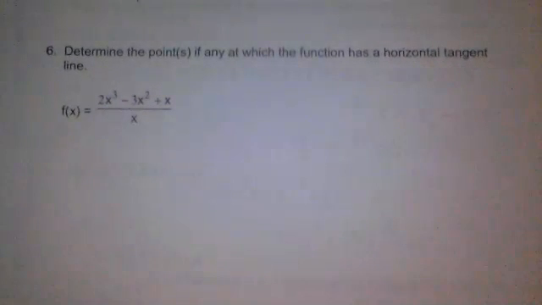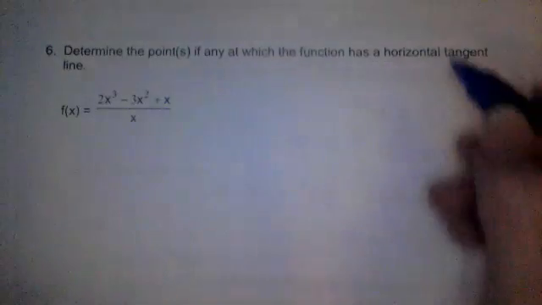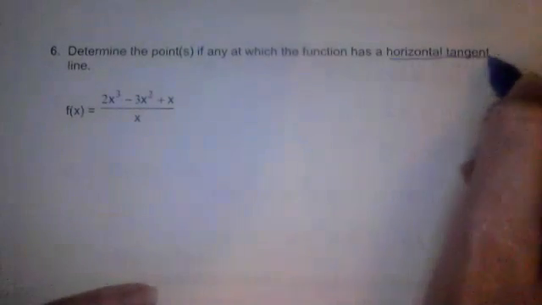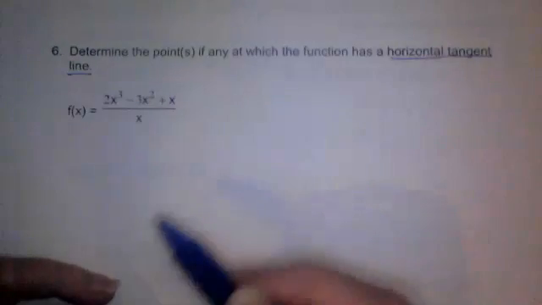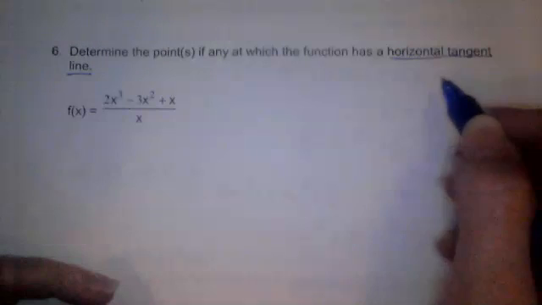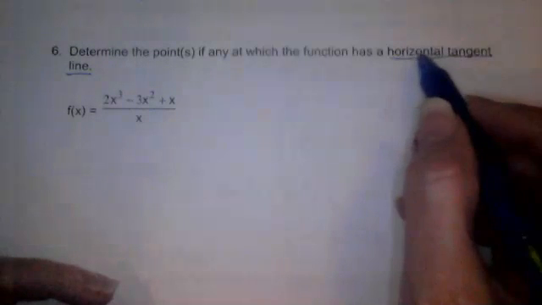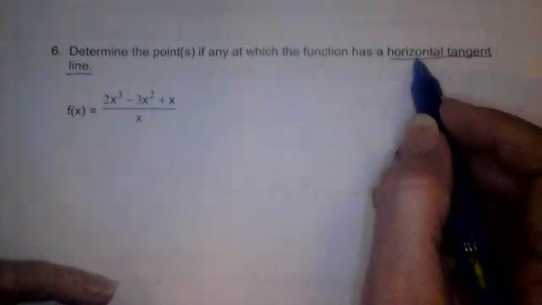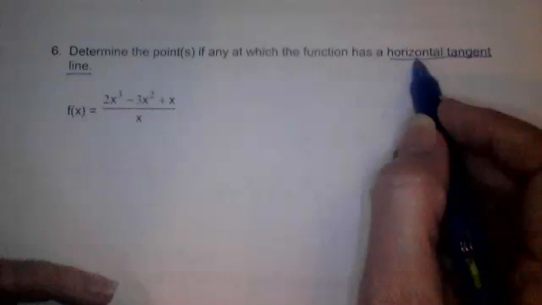This one says determine the point, if any, at which this function has a horizontal tangent line. Okay, well, let's talk about this horizontal tangent line first. A horizontal tangent line is talking about where the slope of the tangent is a horizontal line.